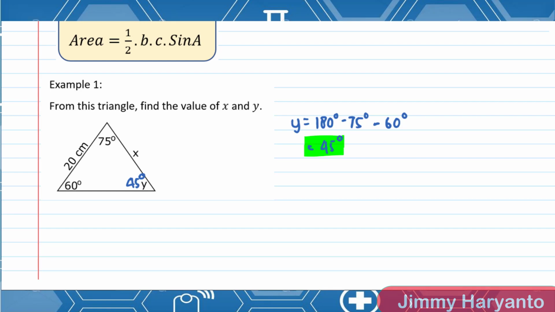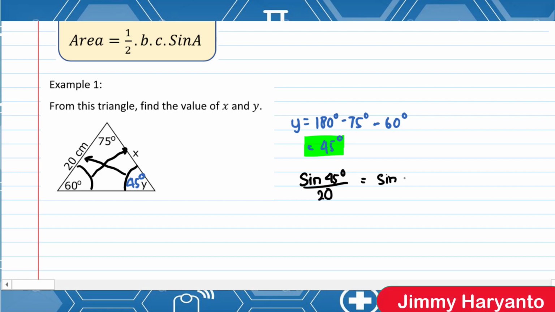For example, in this question, the 45 degrees pairs up with 20 centimeters and the 60 degrees pairs up with x. So I can tell that sine 45 over 20 equals sine 60 over x.